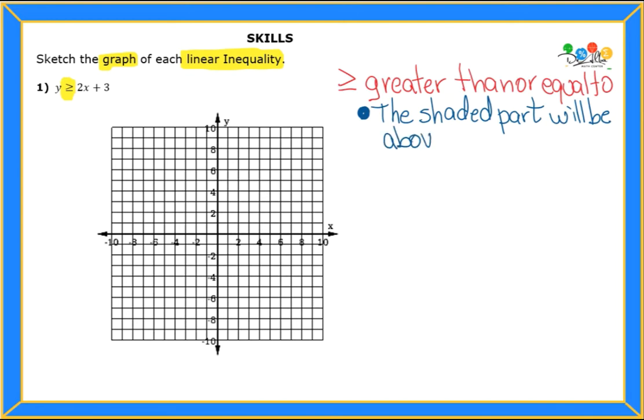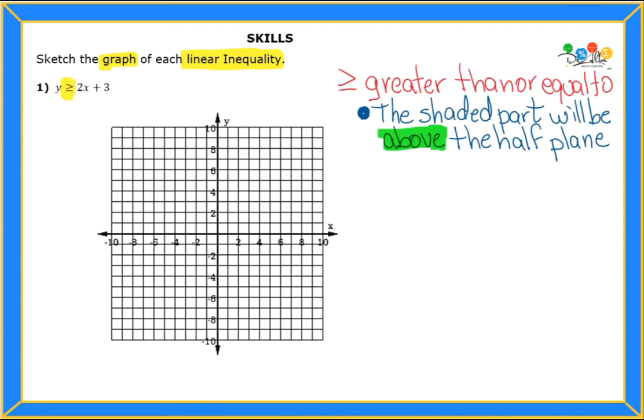I'm going to underline that later on or highlight it. This is very important for us to know. So let me highlight the word above. And again, that is because we have the word greater than.